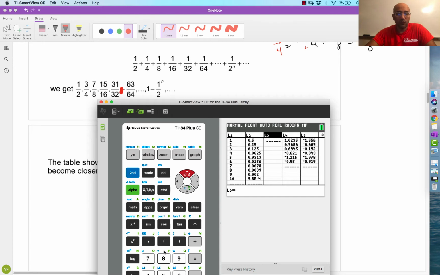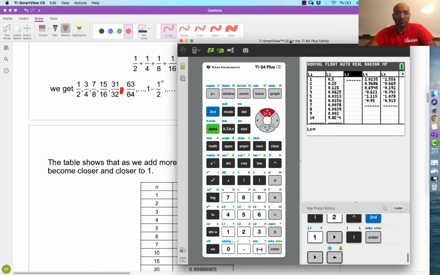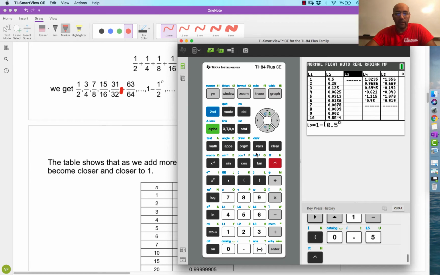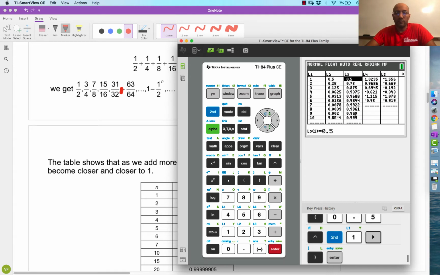So this will be equal to 1 minus, and then in parentheses, I'm going to put 0.5, 0.5 to the power of L1. Good. Enter. And let's just confirm that it makes sense.